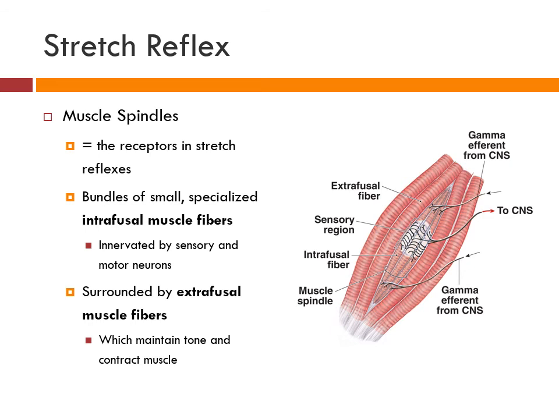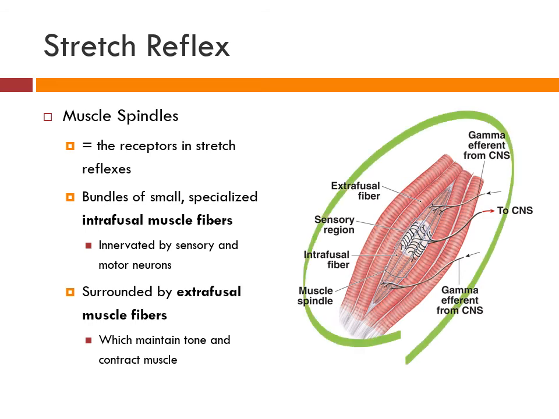Muscle spindles look like this. They are bundles of intrafusal muscle fibers that are innervated by sensory and motor neurons. And they're surrounded by what are called extrafusal fibers, which maintain the tone and contract the muscle. The intrafusal fibers are in the center of the muscle spindle, and they are wrapped around with dendrites of those sensory nerves, so that every time this muscle gets stretched, it's going to stimulate those sensory nerves to send information to the spinal cord.